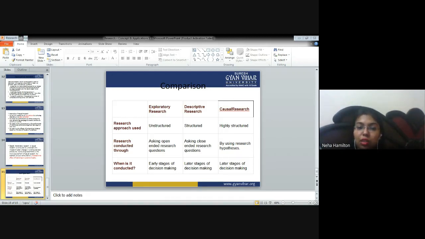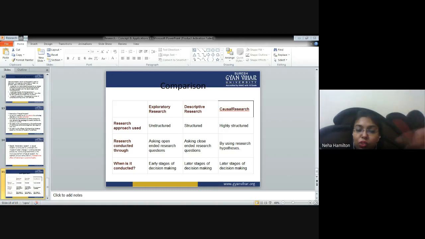So here I am clear about my variables. I know what kind of variables I am going to use, and it is a very structured research where I'm using hypotheses, and it is basically used in later stages of decision making, right? So the stages differ.